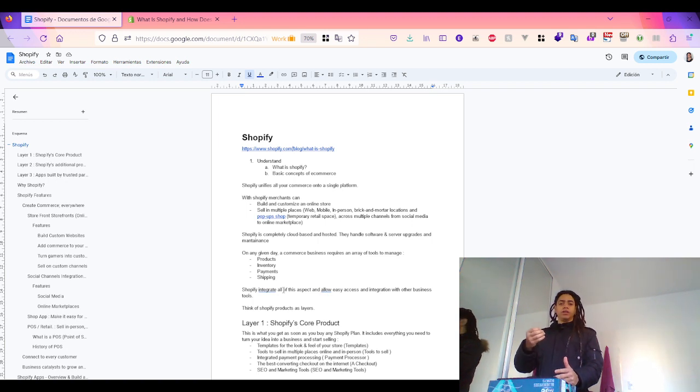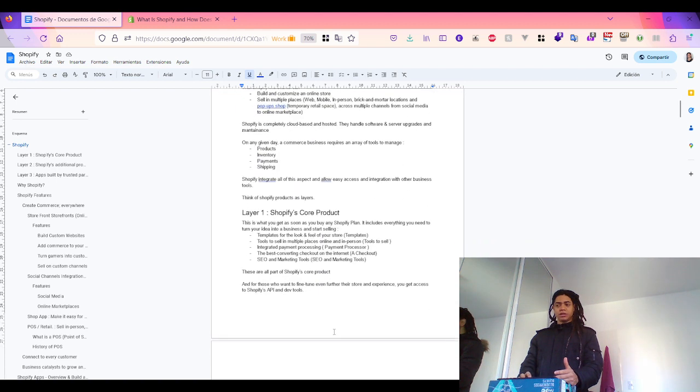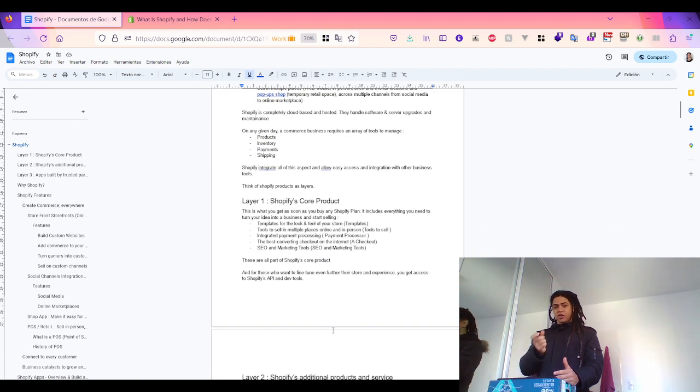Also, it comes with one of the most powerful and secure, allegedly, according to them, checkouts. It includes payment processing, as well as SEO and marketing tools, so you can know how your users are engaging with your online stores and their products.